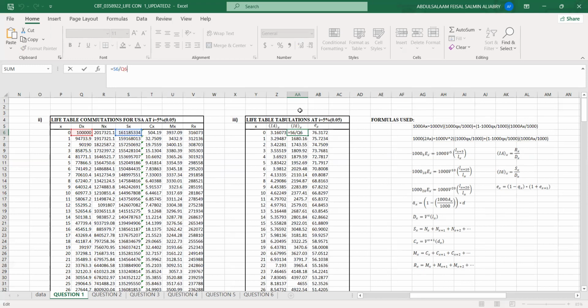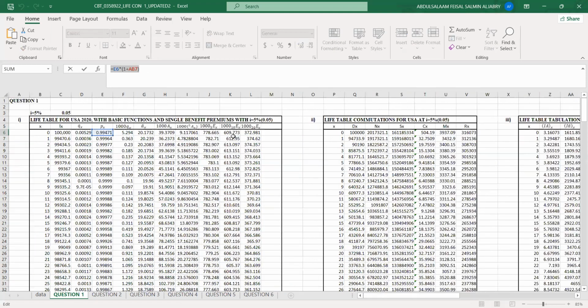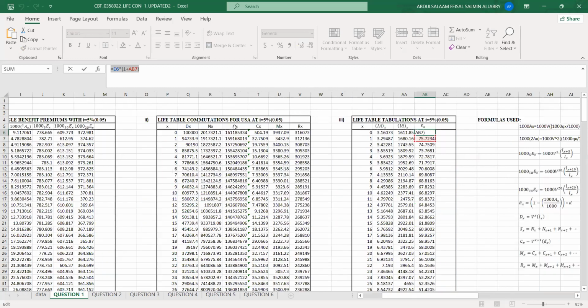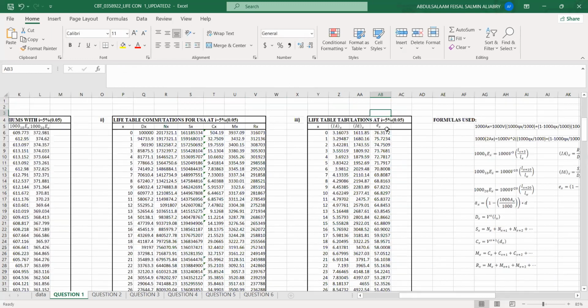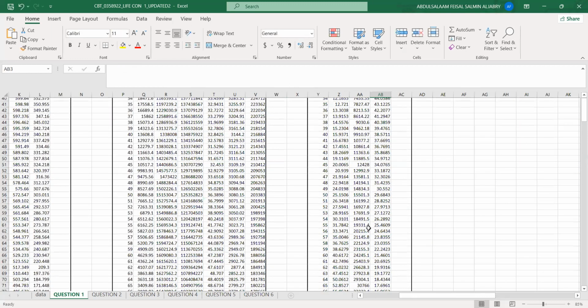Okay, drag all the values down. To get the curtate life expectancy, the formula is 1 minus qx, multiplied by 1 plus the next one, which is ex plus 1. So 1 minus qx is basically px. I just took the px multiplied by 1 plus the next ex below, which is ex plus 1. Then I dragged the values all the way down.